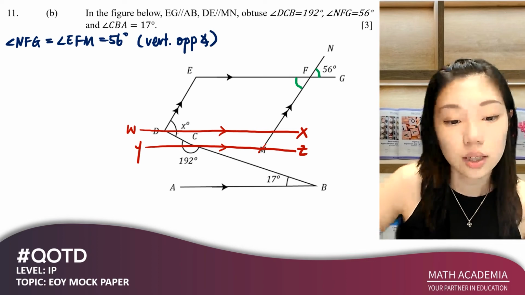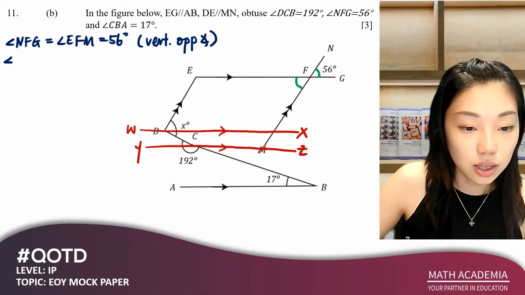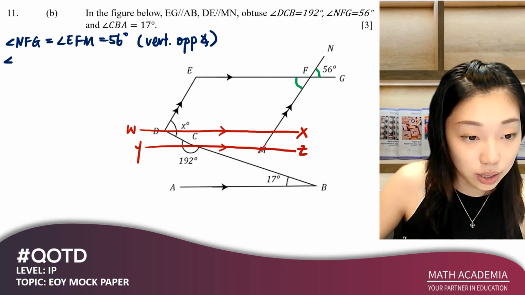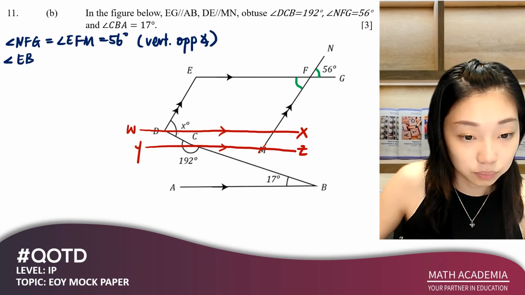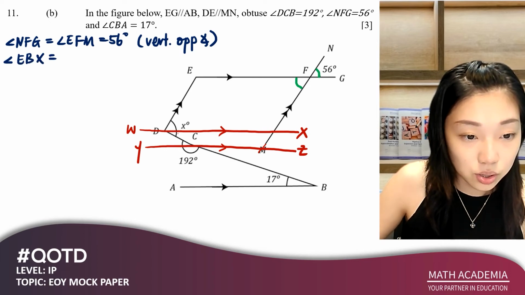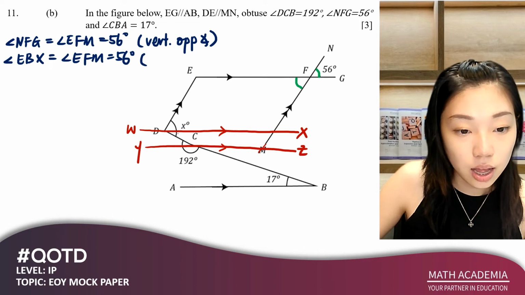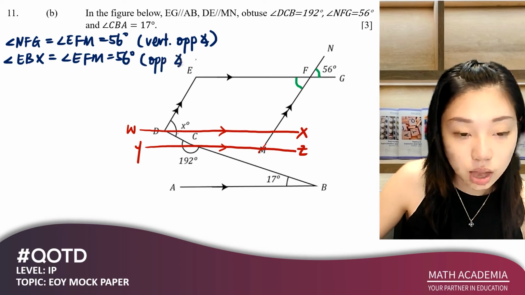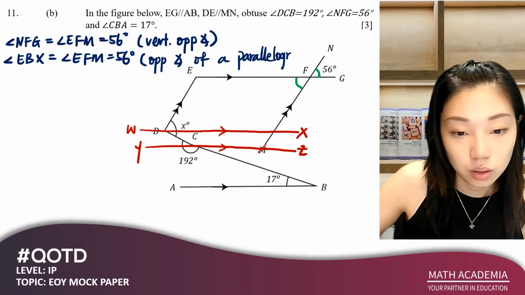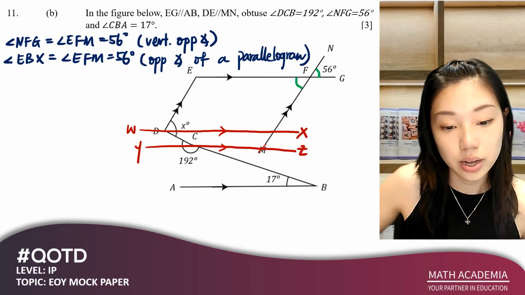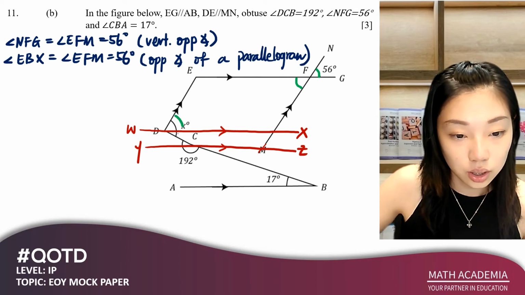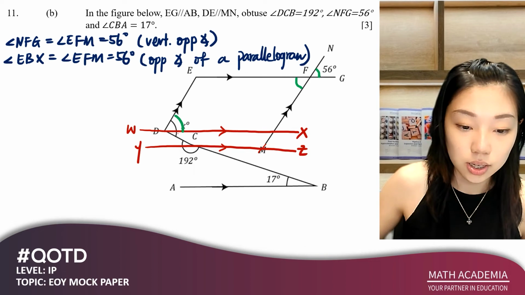Angle EBX equals angle EFM, which equals 56, because they are opposite angles of a parallelogram. If I annotate, this angle over here also equals 56.